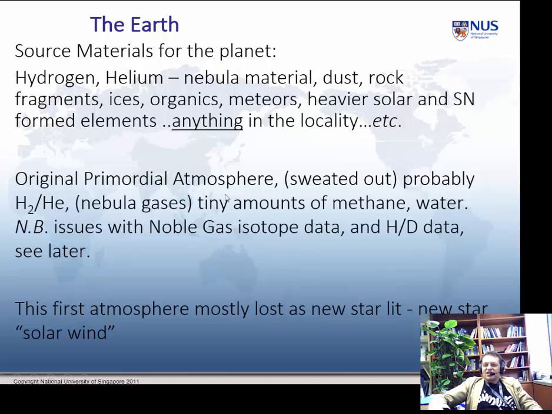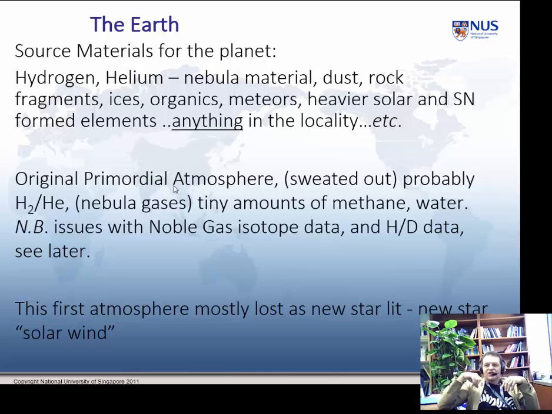Now, during this process where the primordial atmosphere is formed and continuing to be formed, our star lights, and because it's hot, it's bright, it shines electromagnetic radiation, including visible light, gamma rays, X-rays, radio waves, out. It also streams protons out from it all the time.